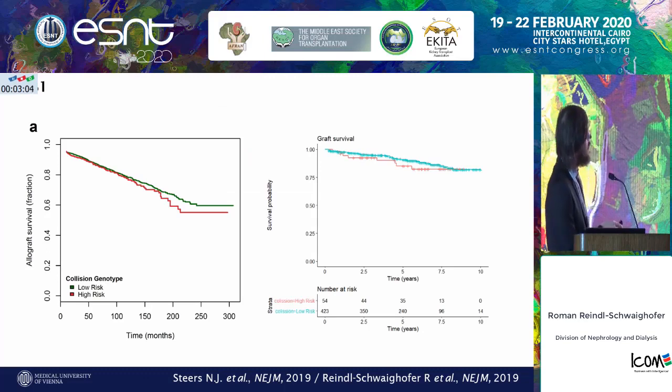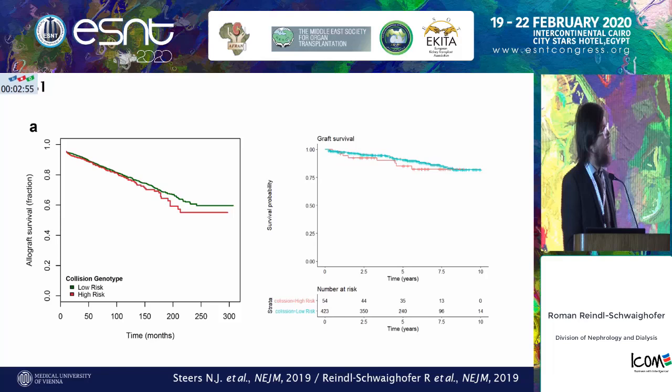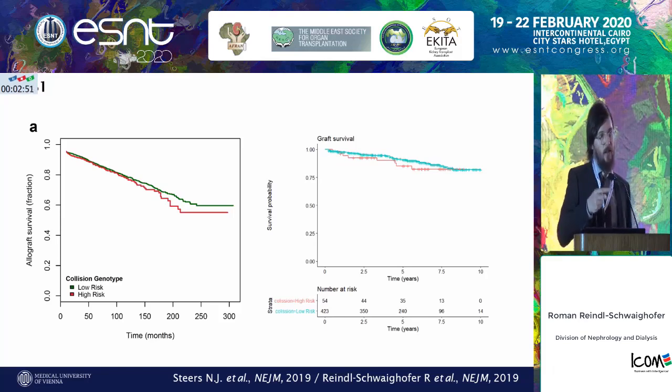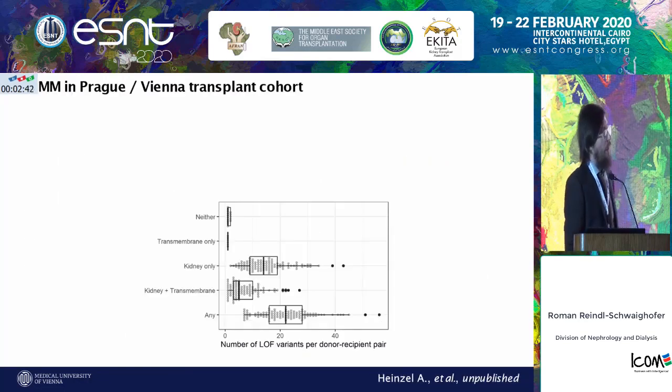In the supplementary data, they also looked at long-term graft outcome, and they didn't find an association. We also checked the LIMS1 genotype in our cohort and also did not find an association with long-term graft outcome. So this LIMS1 single variant loss of function mismatch is associated with acute rejection, which does not transform into impact on long-term graft survival.